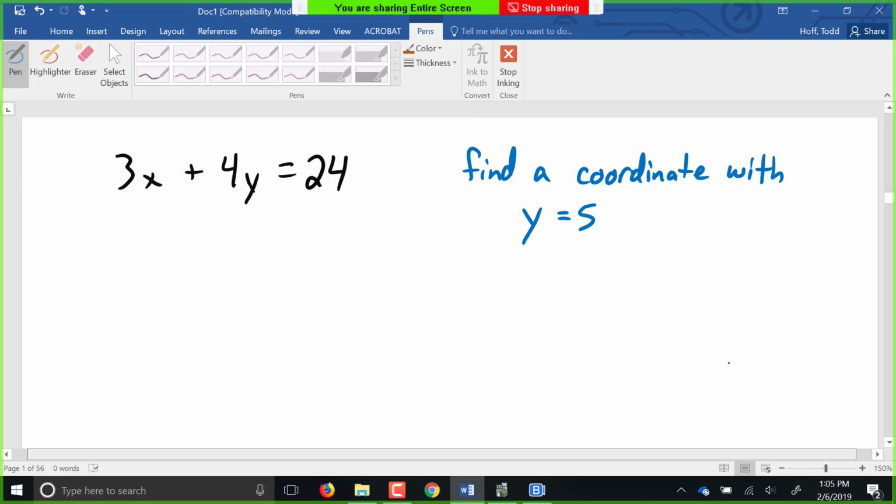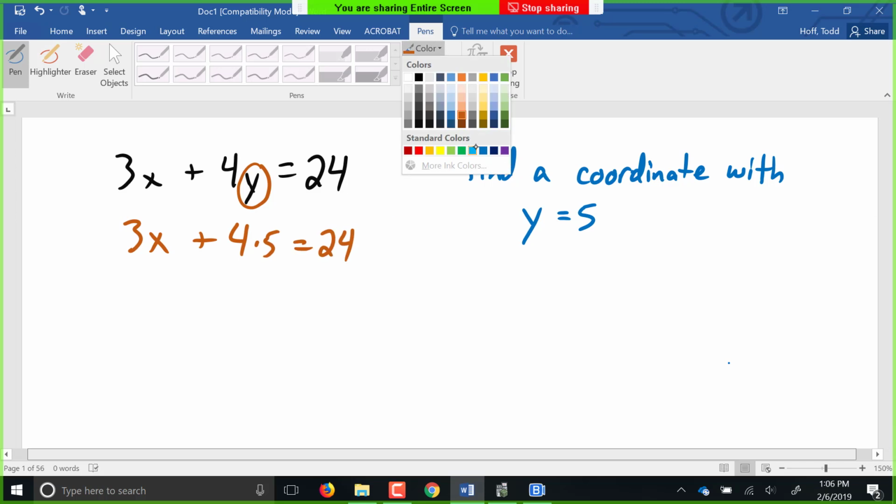How would I go about doing that? Perfect. I replace y with 5. So it's going to become what? Yeah, 3x plus 4 times 5 instead of 4 times y equals 24. Then, of course, we combine.